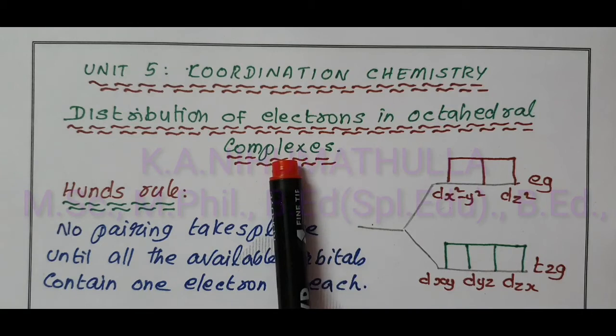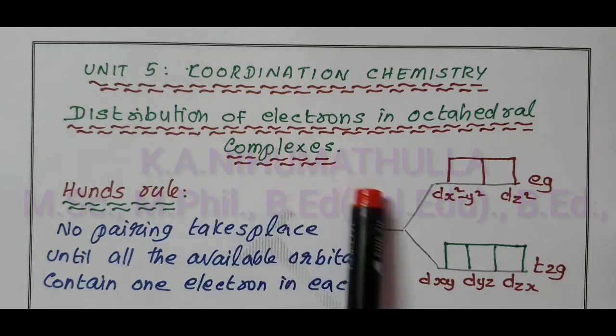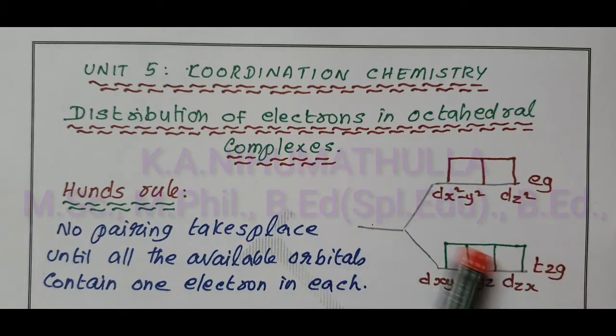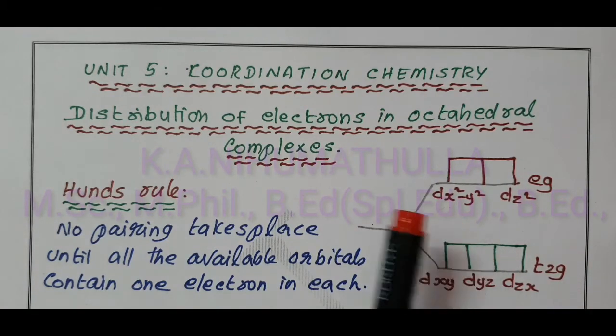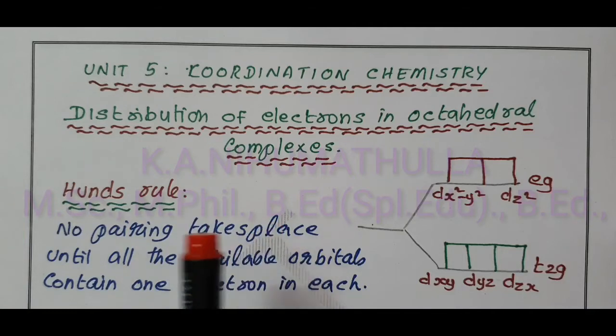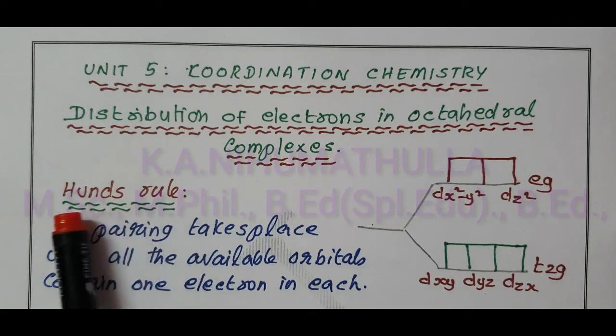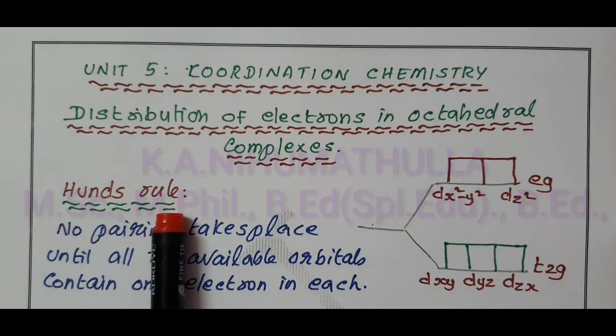How to fill up or distribute the electrons in these complexes? The filling of electrons in the d orbitals in the presence of a ligand field follows Hund's rule.